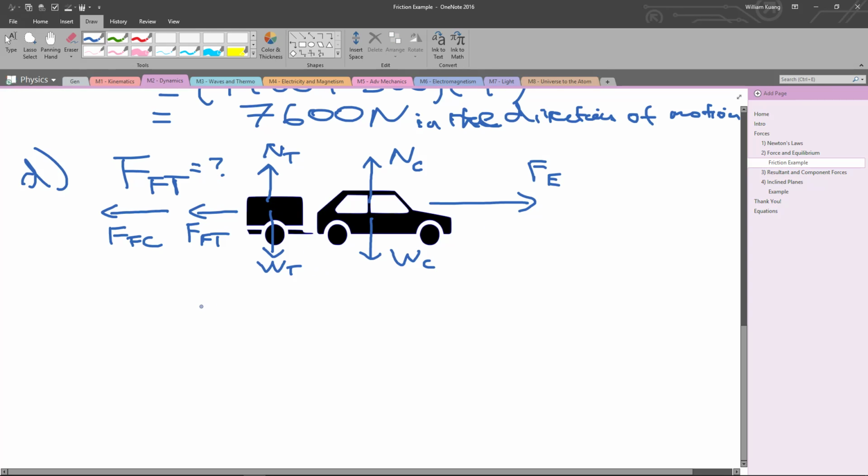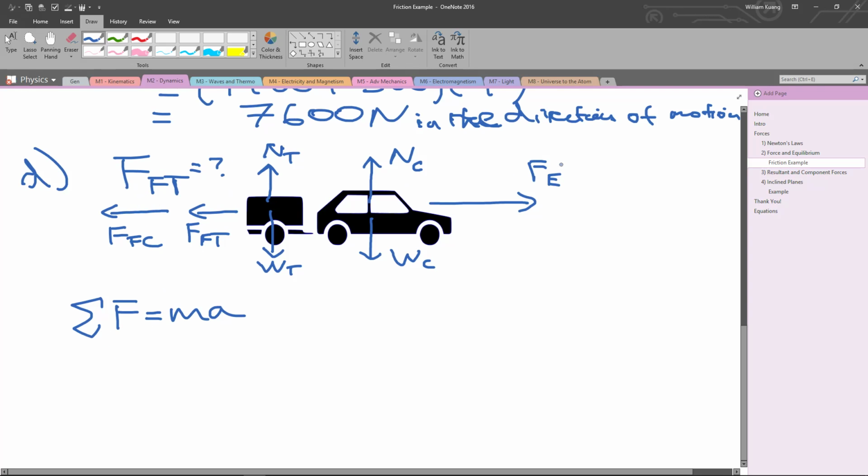So to be able to work this out, again we use Newton's second law. So F equals ma. Remember how in the previous example, we were able to ignore the normal and the weight force because they're equal but opposite in magnitude. So that applies for the car as well as the trailer. So for this, I'm just going to ignore them completely for now.